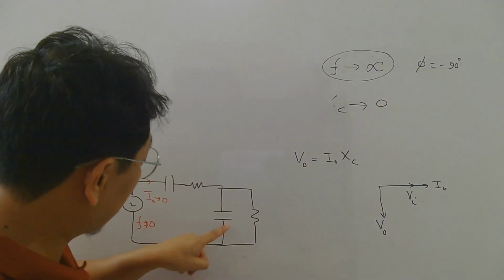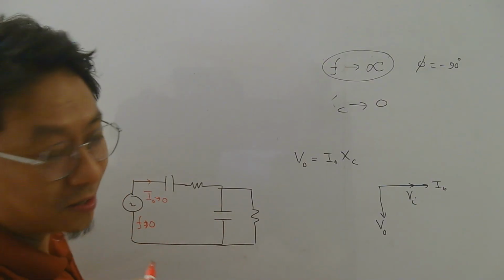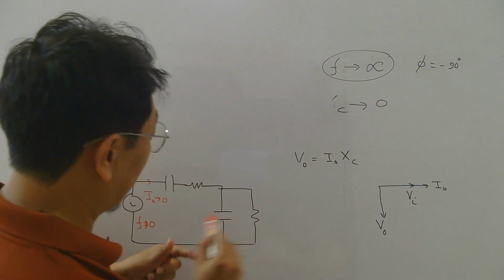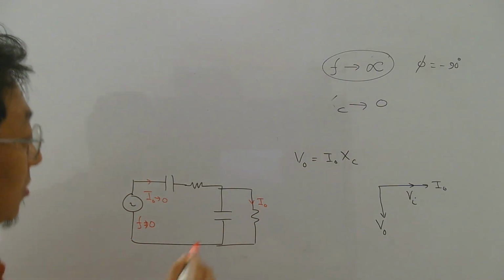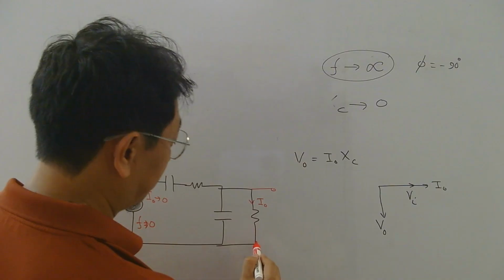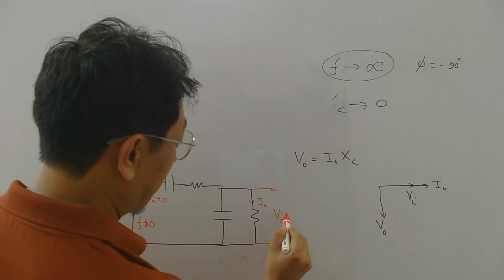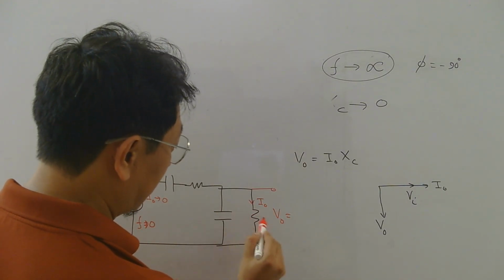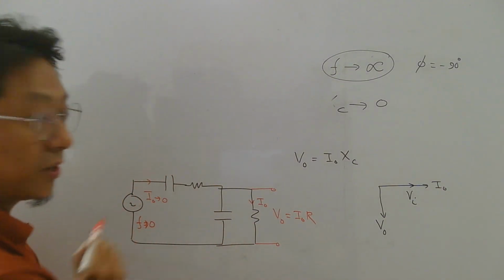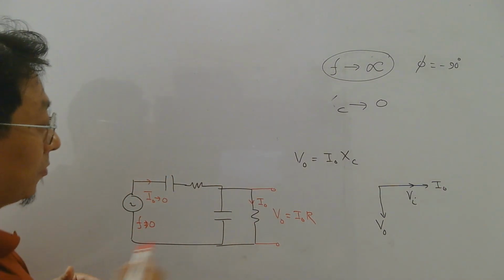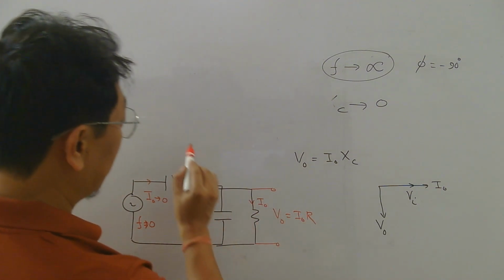But because this has almost infinite resistance, all that current will go here. The small current will go here only. So the output voltage will be controlled by this current and this resistance, because here there is almost no current going, right? And therefore output voltage and current will be in same phase.